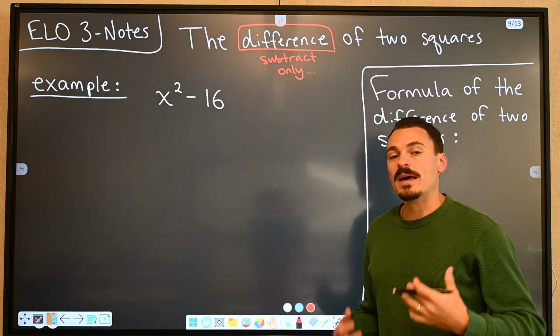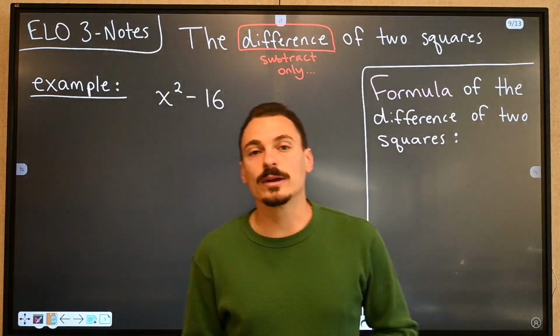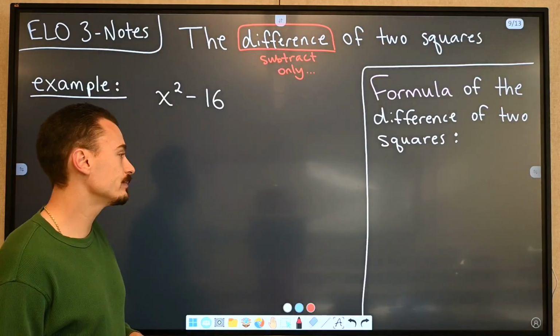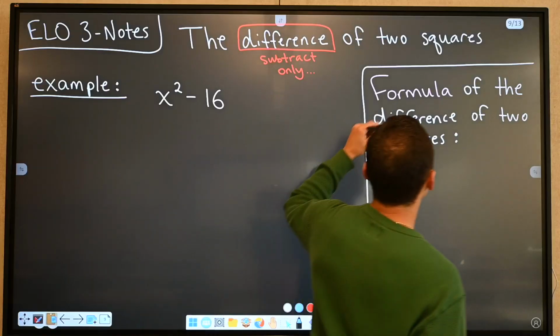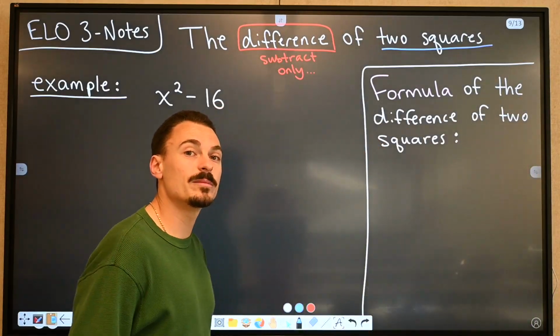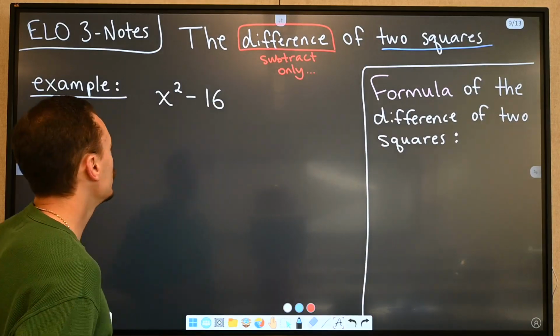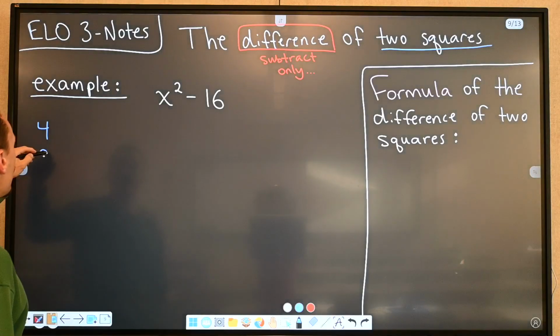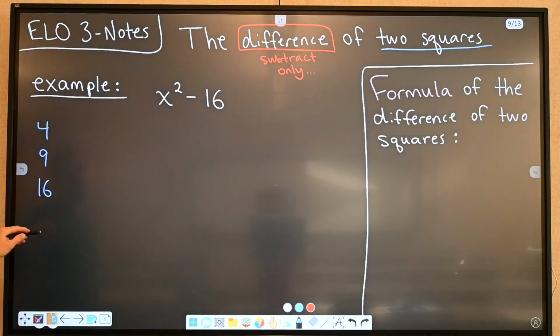So this method that I'm about to teach you for factoring only works for subtraction, for the difference of two squares. Okay, what do I mean by two squares? Well, two squares would be something that is a perfect square. So a perfect square would be like 4, 9, 16, 25, 36, right?